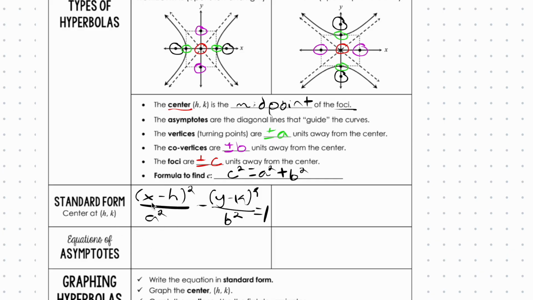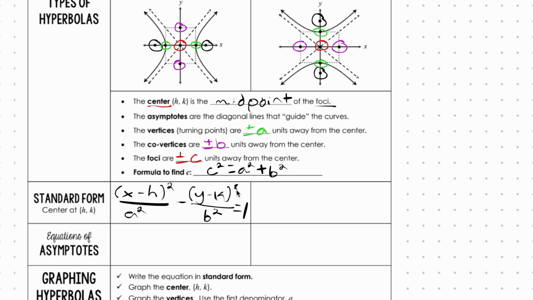Another thing to remember is that this a is always going to be under our first term. This is pretty expected for our vertical hyperbola: y minus k squared over a squared minus x minus h squared over b squared equals 1.